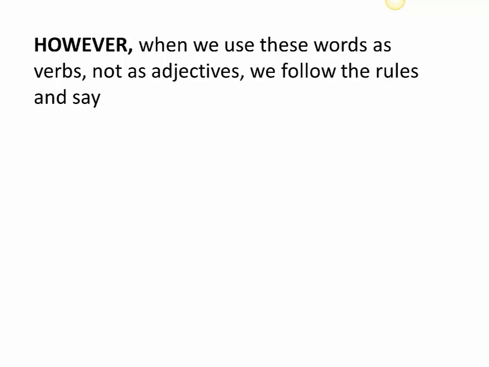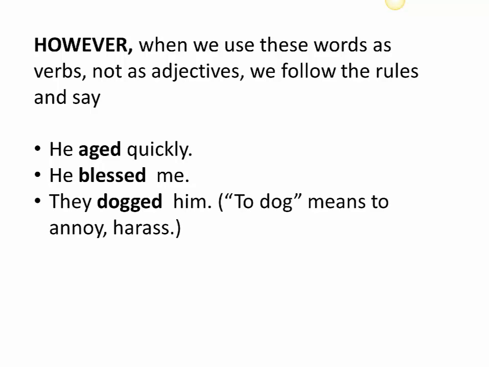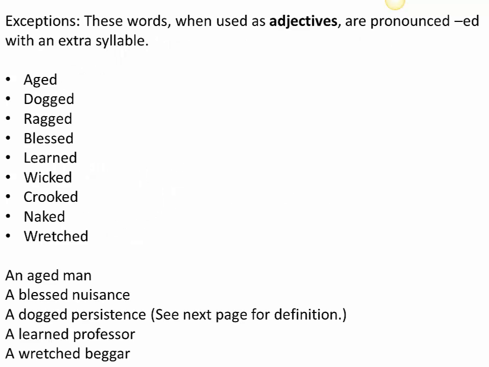However, when we use these words like verbs, not as adjectives, we follow the rules and we'll say, he aged quickly. He blessed me. They dogged him. If you dog someone, it means you annoy or harass them. But if you look back at the previous page, you'll see a dogged persistence.